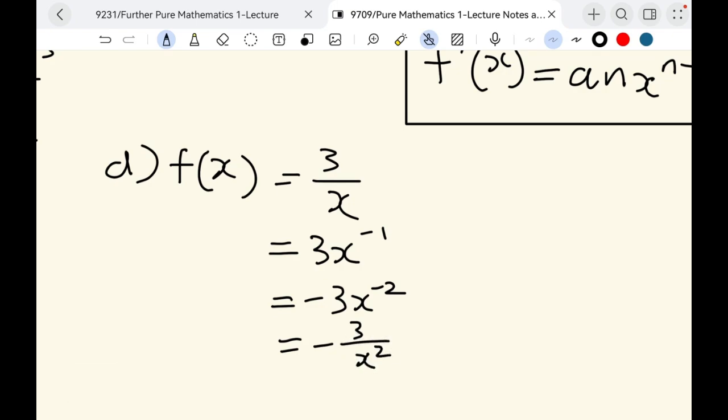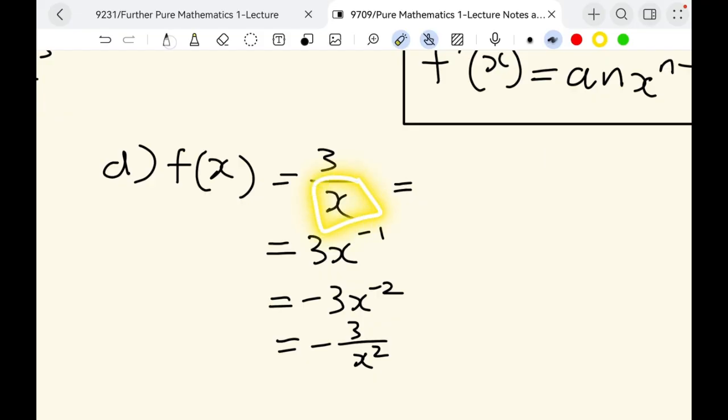But there's an alternative trick for you to differentiate the reciprocal polynomial function. 3 remains as the constant, of course. And what is x? Since it is reciprocal, its power increases by 1. And don't forget to put negative, since the x is in the denominator: negative 3 divided by x squared.